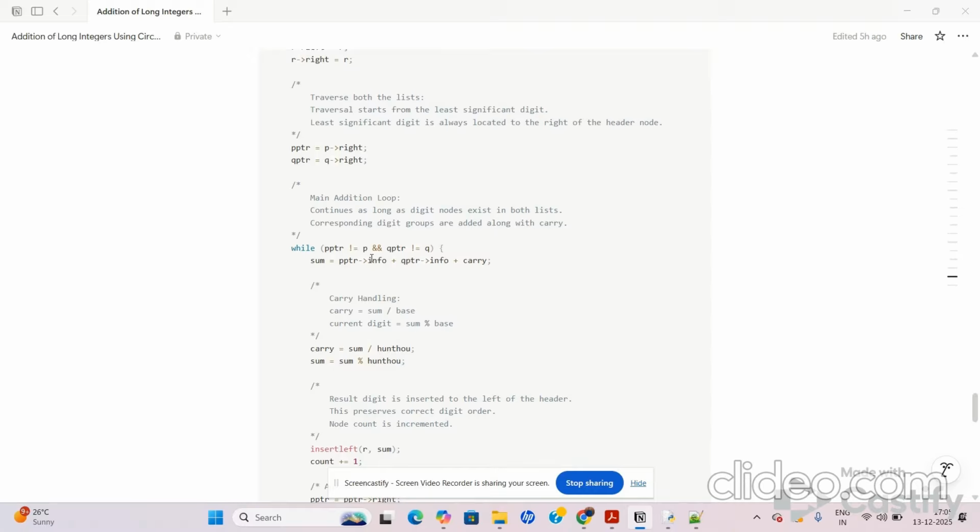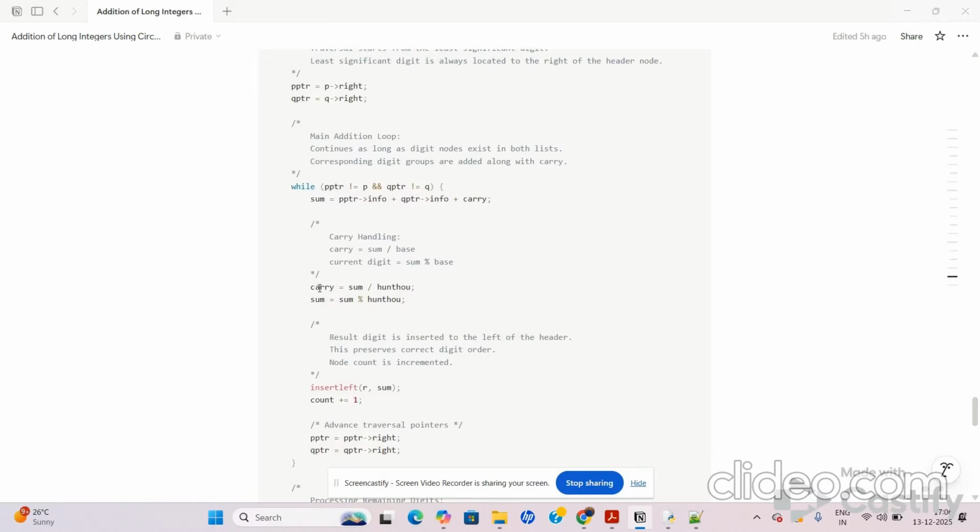You perform node-wise addition with the carry propagation, and of course the traversal starts from least significant digits to the most significant digit, and each result digit or the result node is inserted to the left side of the header, and that means the order is preserved automatically.